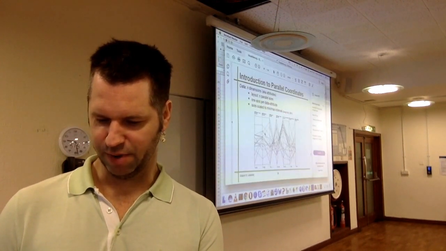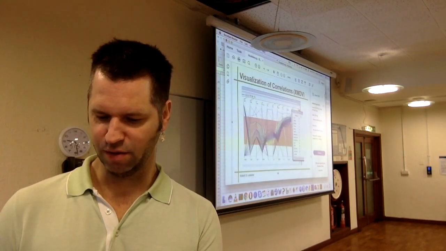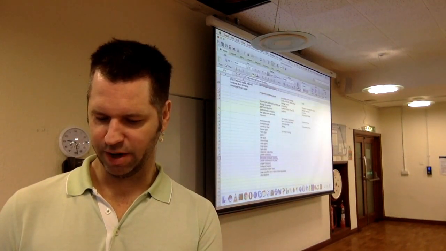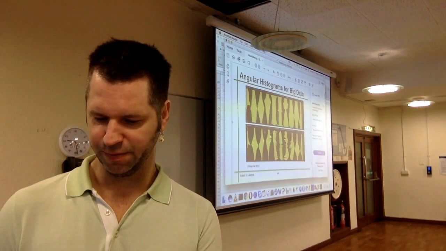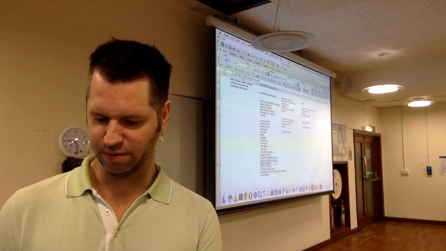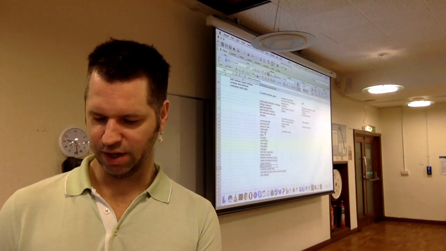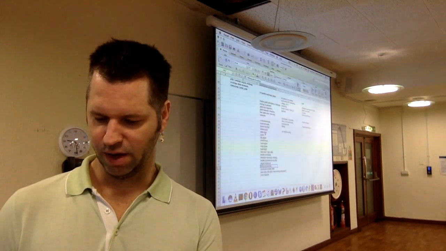Then we talked about parallel coordinates, interaction techniques with parallel coordinates like brushing, hierarchical parallel coordinates for big data, angular histograms for big data, interaction, linking and brushing, and coordinated multiple views.